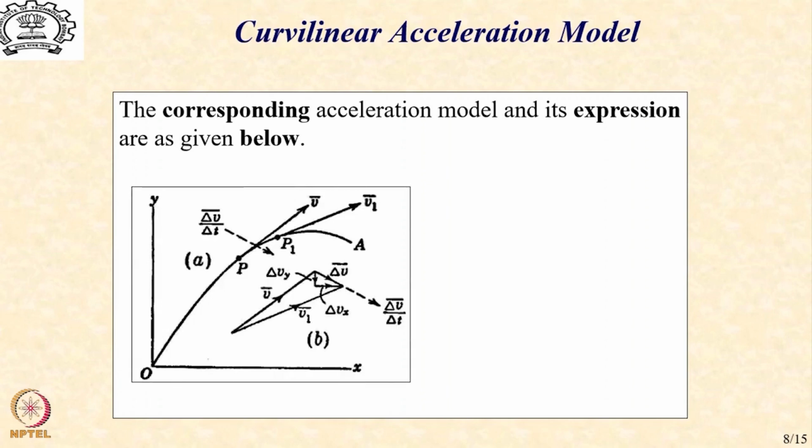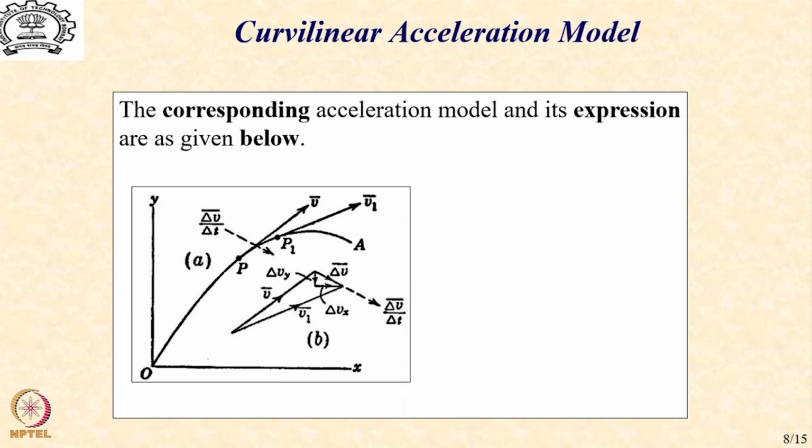So again we have the same picture, but this time we assume that at point P the local tangent direction is v bar, and at P1 the local tangent direction is v1 bar. We assume that there is an infinitesimal difference between these two local directions. That is, going from point P to P1, the velocity vector has rotated by a small angle.